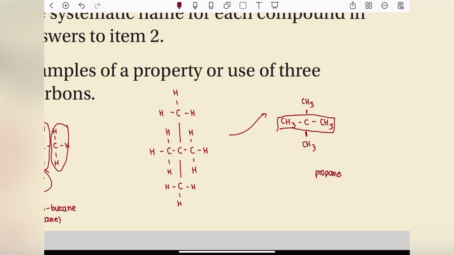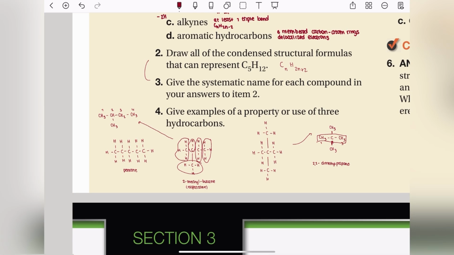Since there are 2 of them, it'll be dimethylpropane. And then numbering it, again, it doesn't matter from which side we number. We have the number 2, and we'll have 2 2s because there are 2 methyl groups that are both attached to the second carbon. So the final name is 2,2-dimethylpropane.